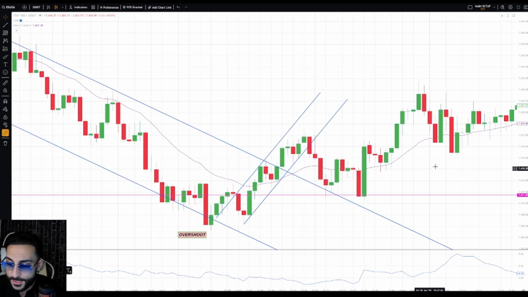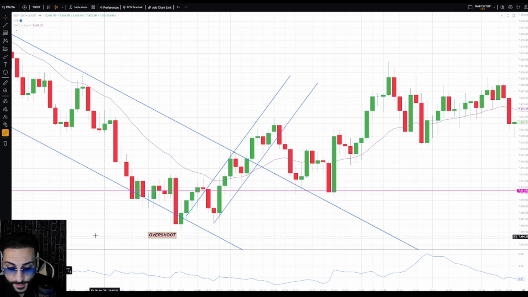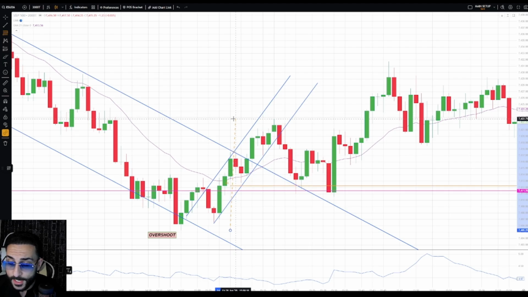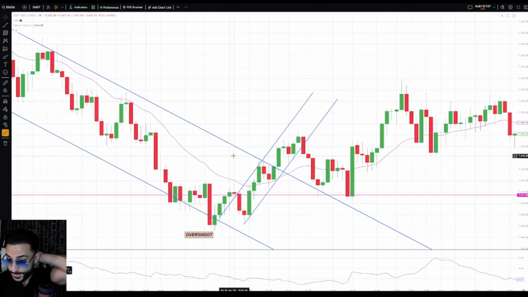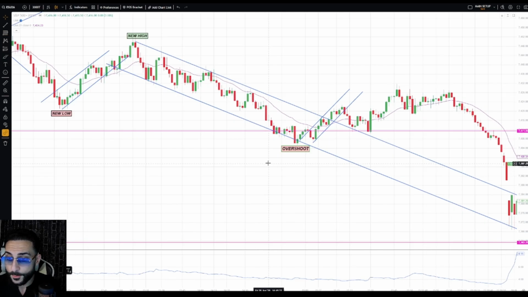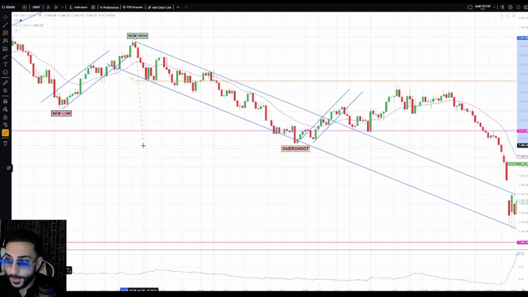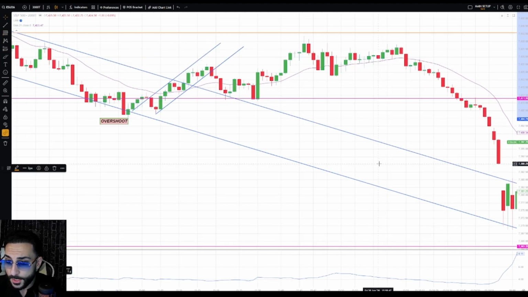Now, once I saw this stronger push up, I said forget about it. And the Fibonacci is a great tool. Once you see a 60% retracement above, right, you want to skip looking to go short. And as you can see, we got very close to the 60% retracement, well, close to the 50.